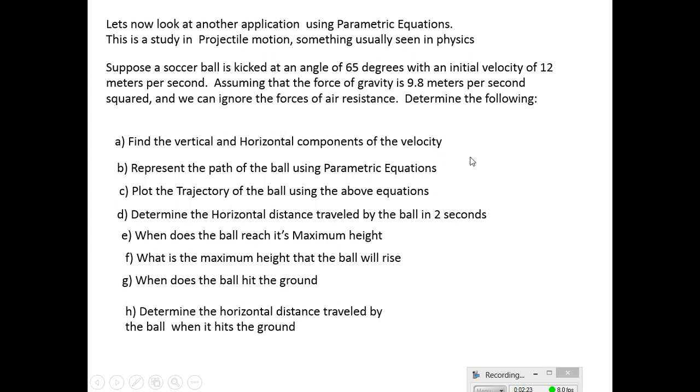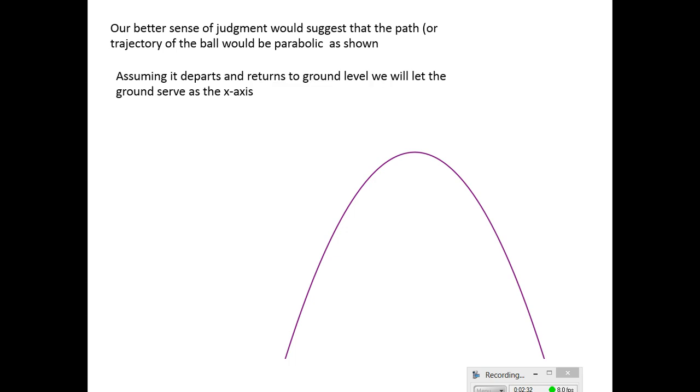So let's look at how we proceed with this. We get a sense that the path is going to be like this. This is the trajectory, the path the ball has taken. All projectile motion is parabolic in shape. So are we going to find the equation of this parabola?